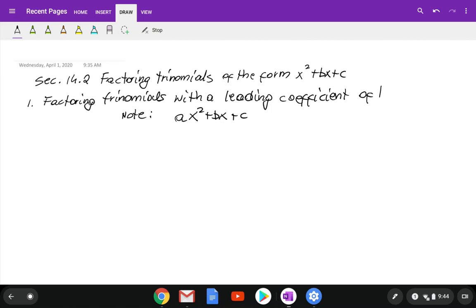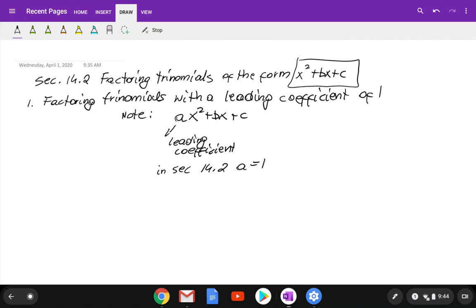In section 14.2, a we call the leading coefficient. The leading coefficient is a real number which is in front of x to the second power. So in section 14.2, a will be equal to 1. That's why we're skipping that, and I'm talking about factoring x squared plus bx plus c.